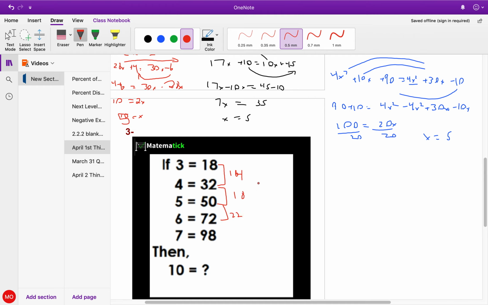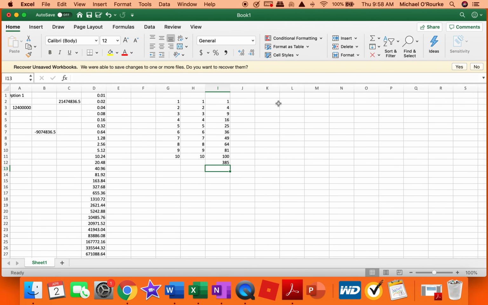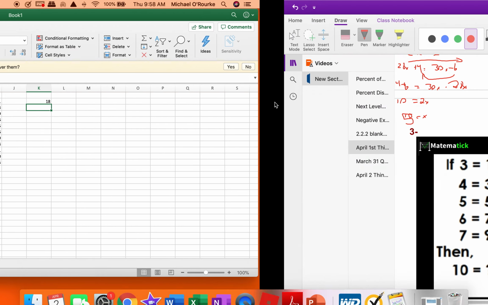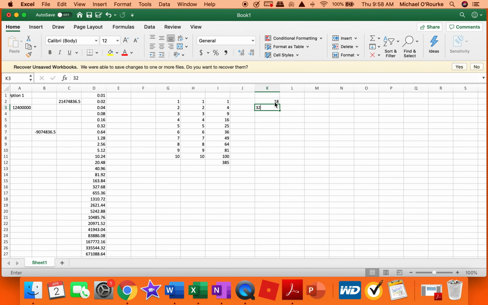And you realized that every time, we had a plus 4 going on. So this should predict 26, which it is. So you extended it all the way through. Let's take a look and I can replicate that here. So at 18, I have 32.